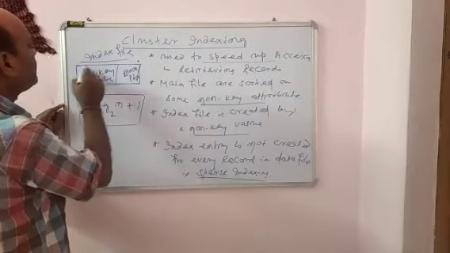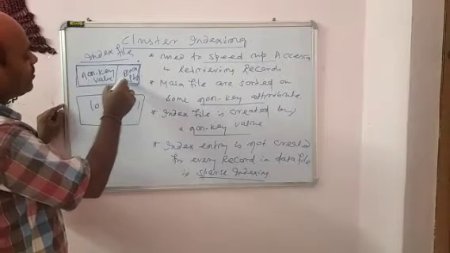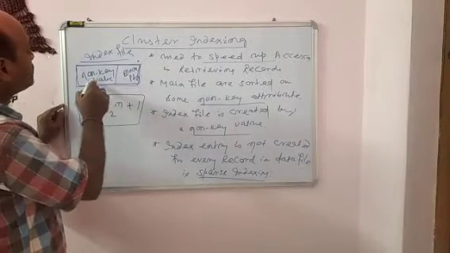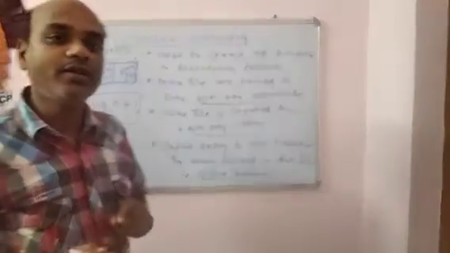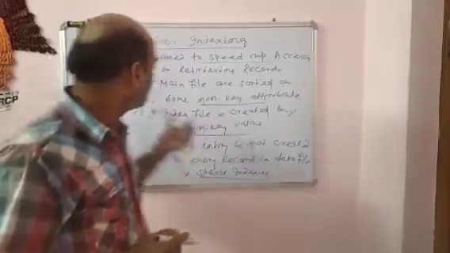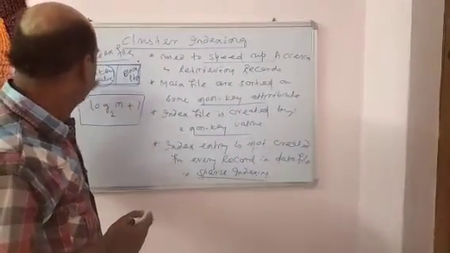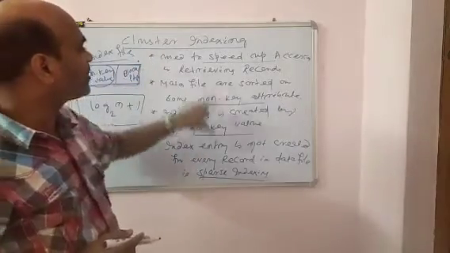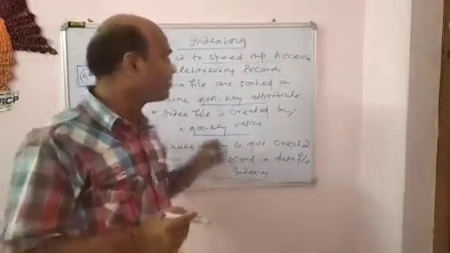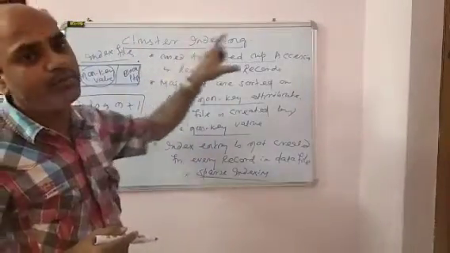So in the index file only the non-key value will be used, with a corresponding block pointer. This non-key attribute must be distinct in the index file, but may not be distinct in the main file, because the number of records in the index file must be less than the number of records in the main file.